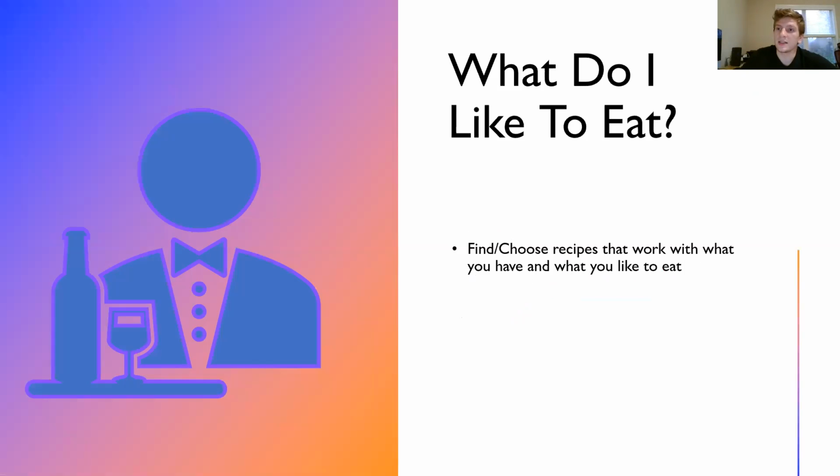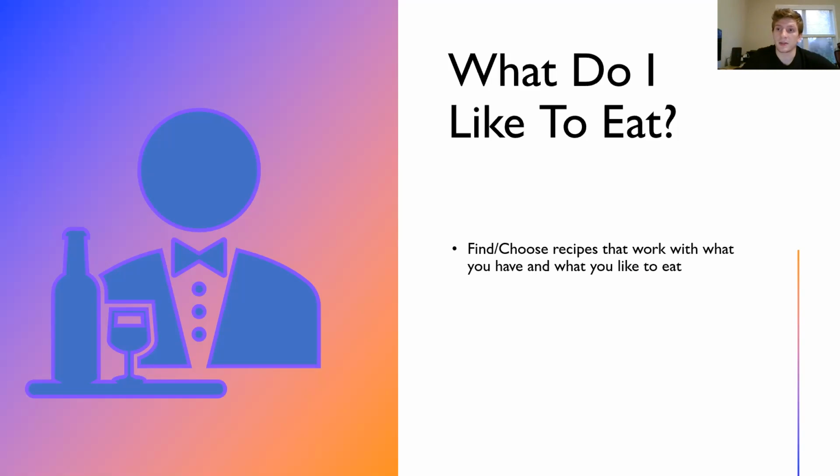Next, what do I like to eat? When planning out your meals, you're going to want to keep in mind what you and your family have taste preferences for. So if your family loves spicy foods, try and choose something spicy.